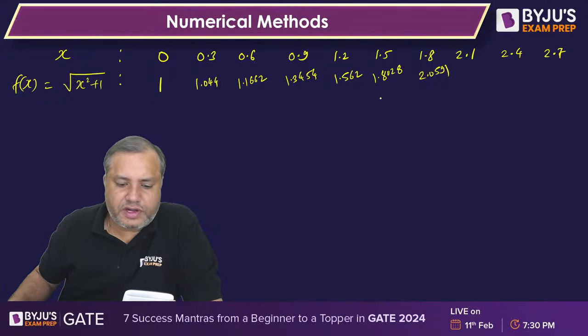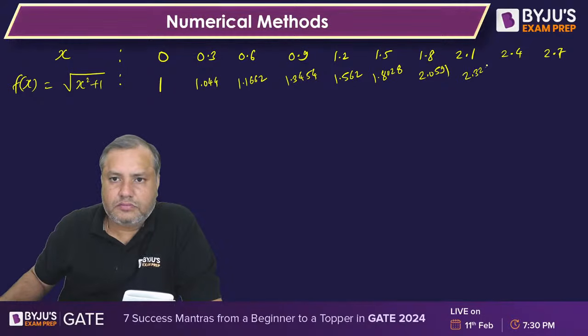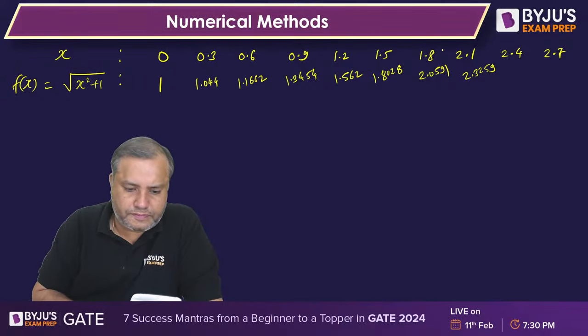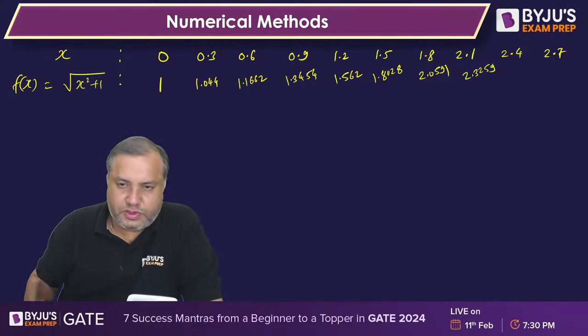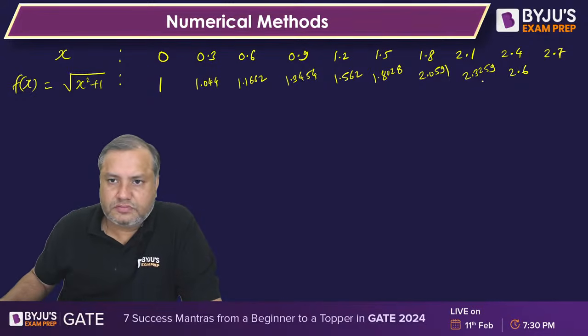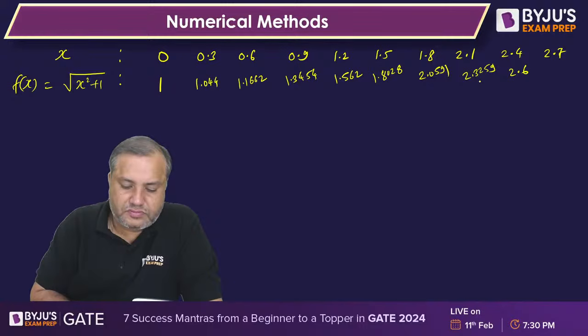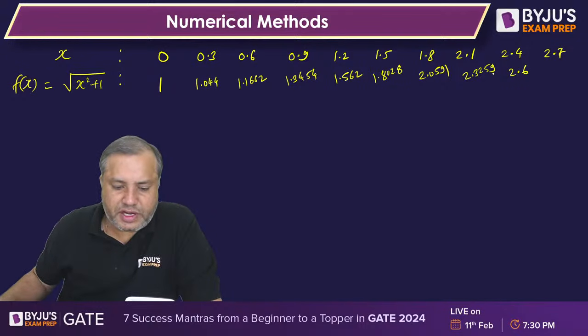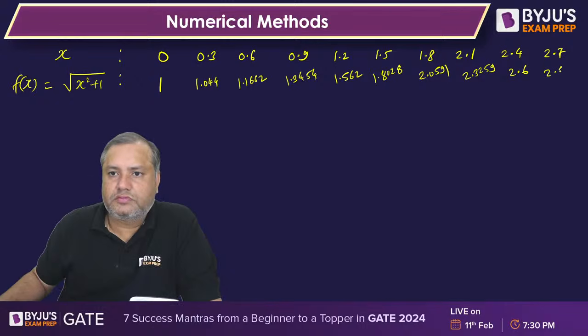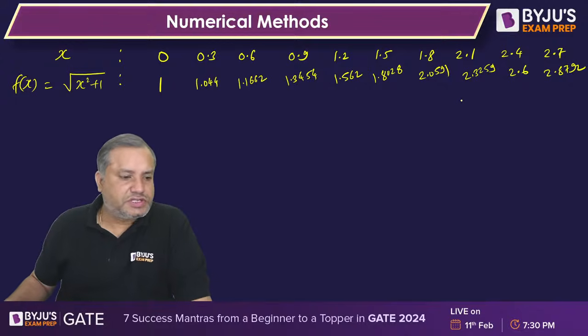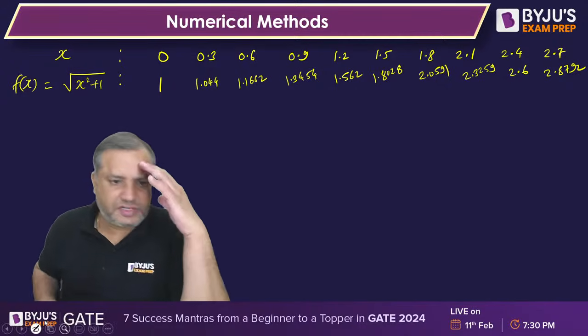For 2.1 it is 2.25. For 2.4, 2.6, 2.7, 2.8792. So this is the entire table. It needs a lot of patience to do this.